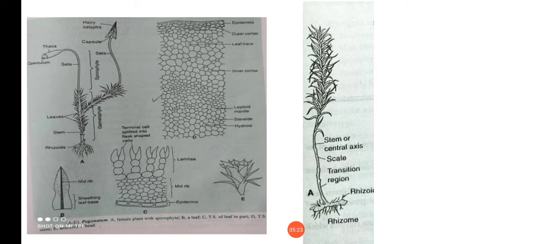The adult plant has a basal rhizome-like structure which gives rise to many aerial shoots or leafy shoots on the upper side and rhizoids on the lower side. The aerial shoots form thick mat-like cushions.